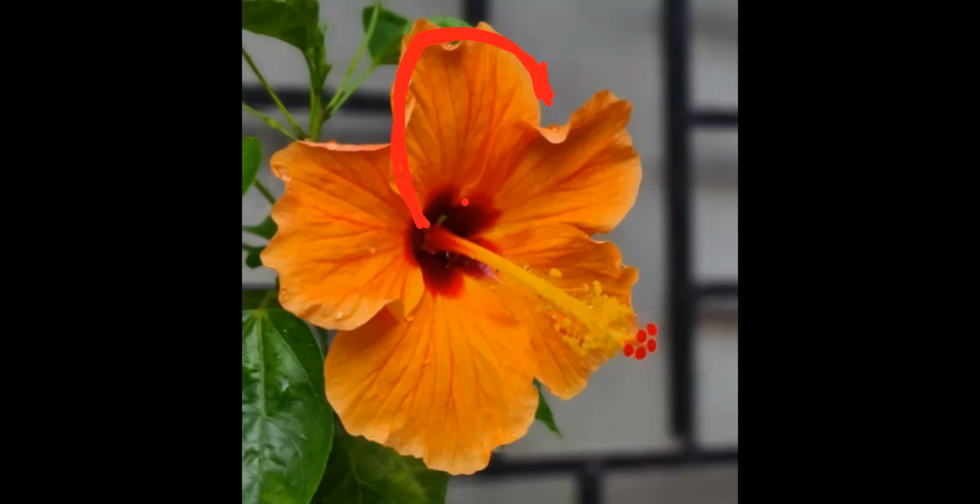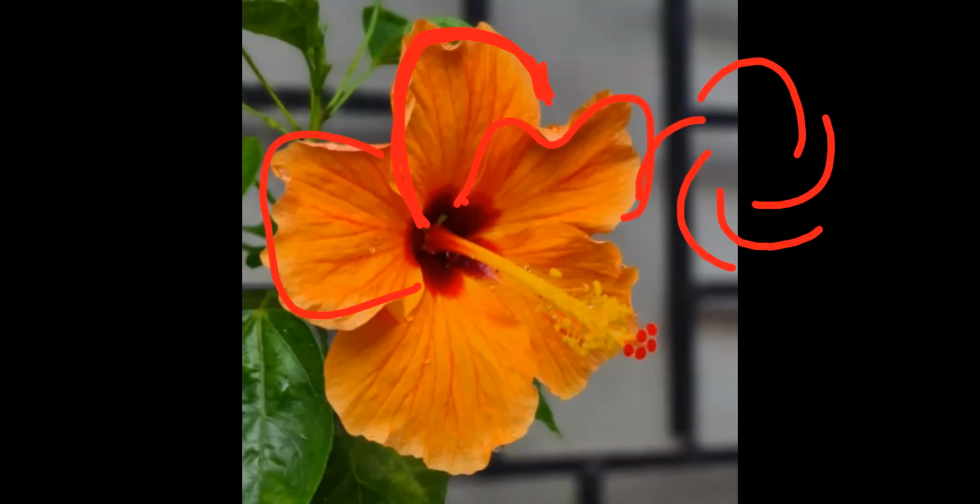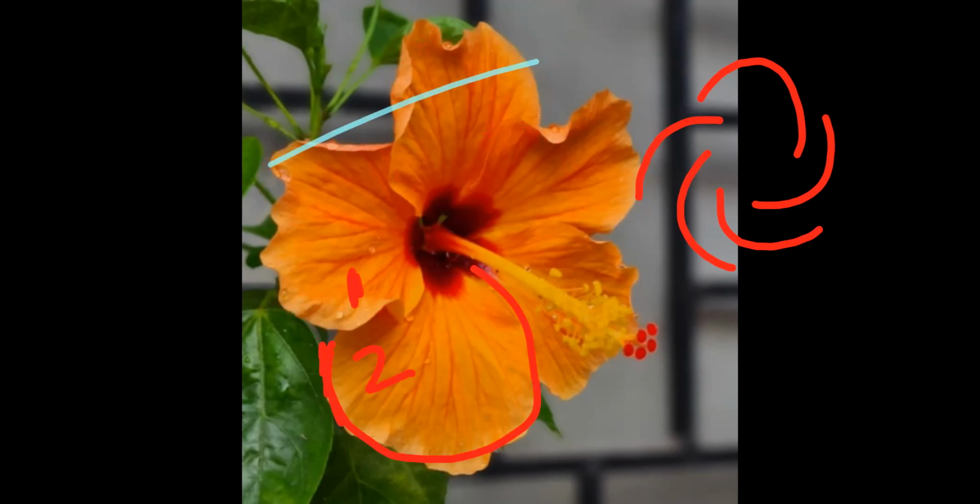If we can make out, this petal starts from here. In the same way, this one is on the outer side and this on the inner side, right? That's why we make this pattern, outer to inner, outer to inner. Look at this petal: suppose this is number 1 and this is number 2, this number 1 is overlapping the petal number 2. Look, this one comes from behind and then comes forward, right? Next.